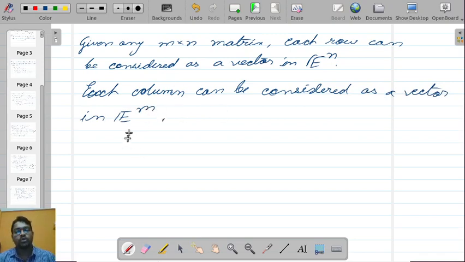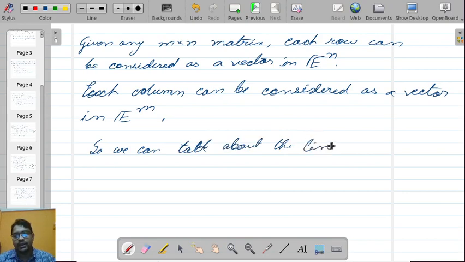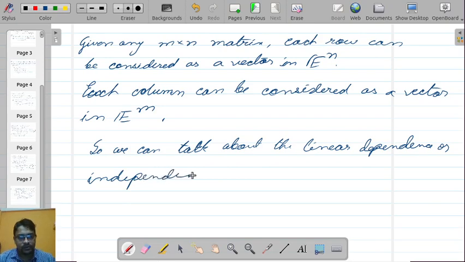So we can talk about the linear dependence or independence of its rows and columns, right?